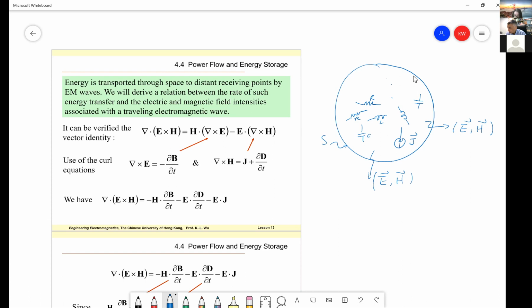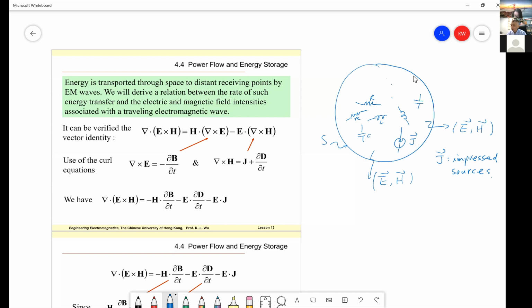So the current source, J. This J is what we call the impressed source. That means that is the energy supplied by you.